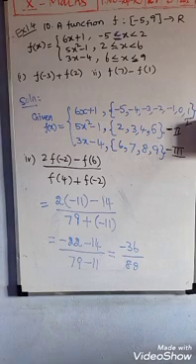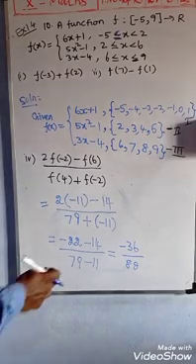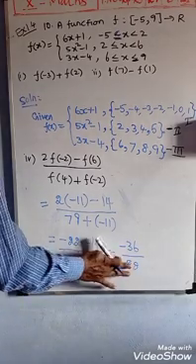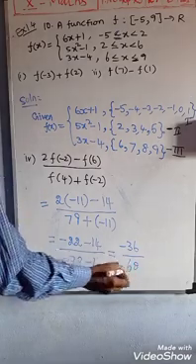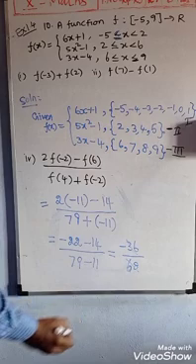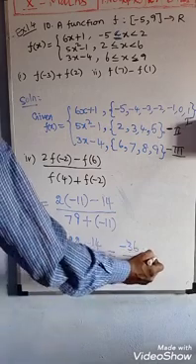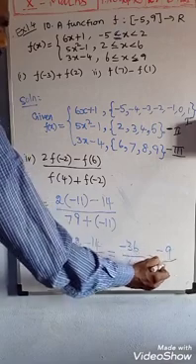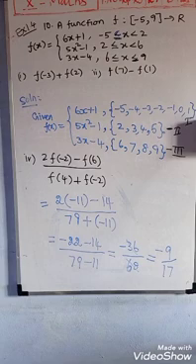So minus 36 by 68. Now cancel with the 4 table: 9 times 4 is 36, and 17 times 4 is 68. So minus 9 by 17 is the answer.